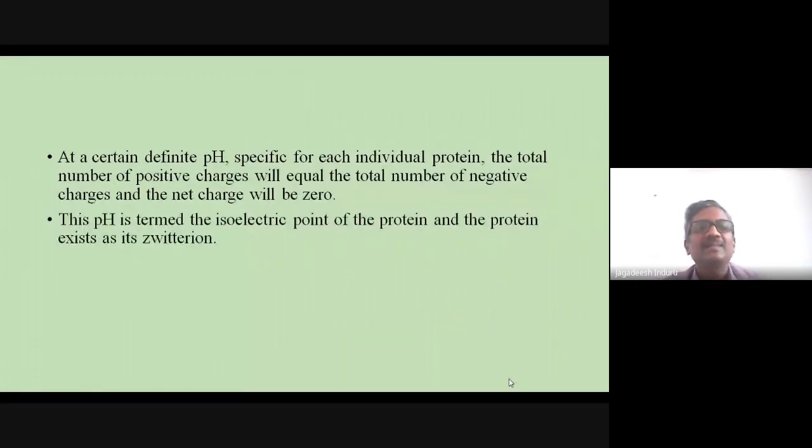The number of positive charges will be equal to the number of negative charges at that particular pH, so the net charge will be 0. When the charge is 0, the molecule will not be present in the ionized state. When it is not having any ionization, it will be in the unionized state, which is having the least solubility.